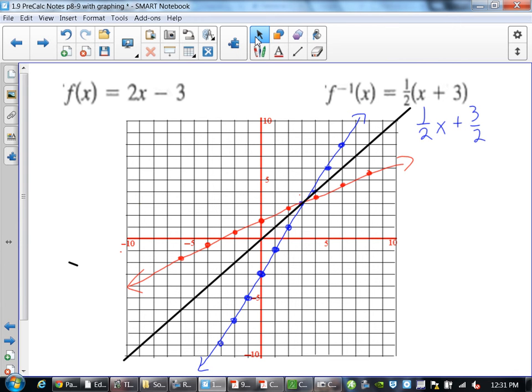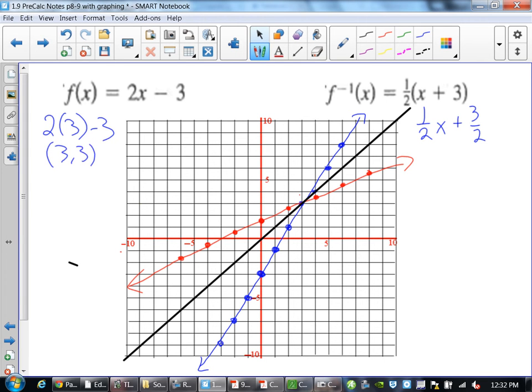So if we start to think about something that's very, very easy to work with, for example, if I use 3 for x in my first function, what's my y value? 3. So my ordered pair was 3, 3. Well, that was kind of a dumb luck guess.